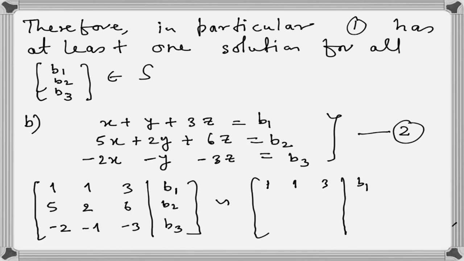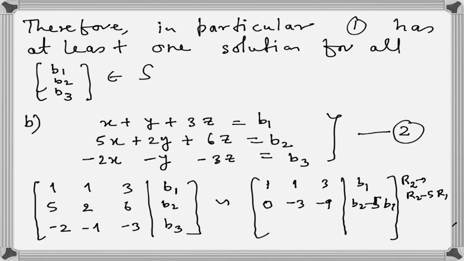The transformation is r2 minus 5r1, so this is 0, 2 minus 5 is minus 3, 6 minus 15 is minus 9, b2 minus 5b1. Okay, so r2 is r2 minus 5r1.